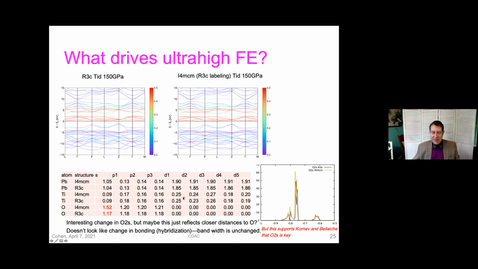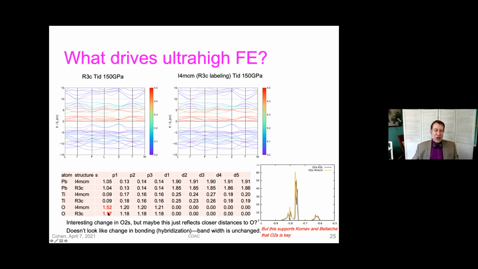The titanium D is almost indistinguishable between the ferroelectric and the non-ferroelectric. And so you can't say it's due to some change in the P-D bonding between the oxygen and the titanium or something like that. In fact, there's only one number that's different, and it boggles the mind.